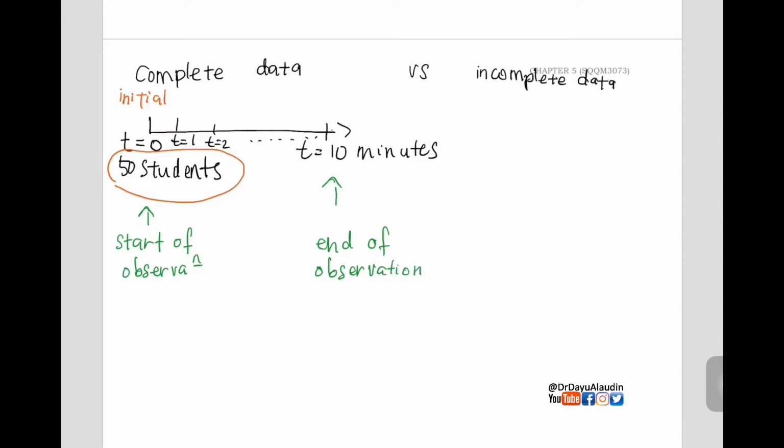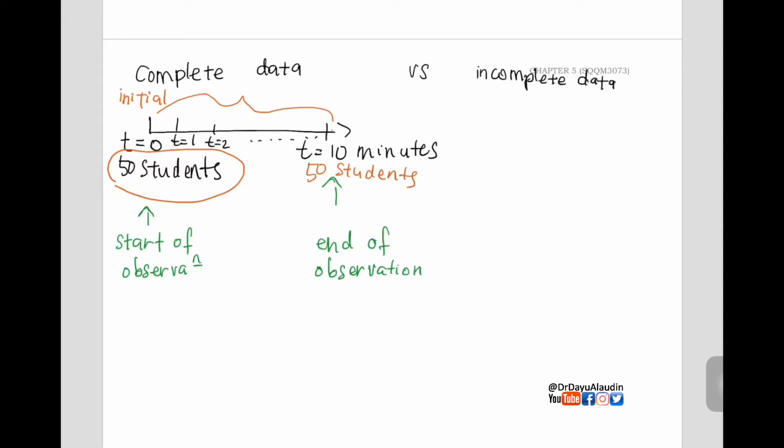All students are not allowed to leave the class. So until the end, all the students must be in the class. At the end of the observation, the total number of students in the class must be 50 as well.